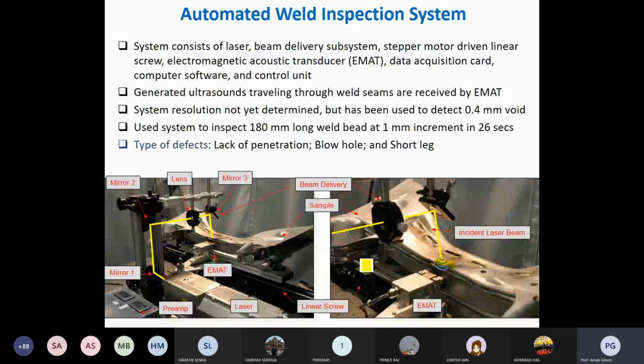Okay, so it's totally based on that electromagnetic acoustic transducer, EMAT. Okay, the system consists of the laser beam delivery subsystem, stepper motor delivering linear screw. Okay, so different linear screw, data acquisition card, computer software, and the control unit. So total big drives are there. Okay, so controlling unit also is there, meaning processing unit.